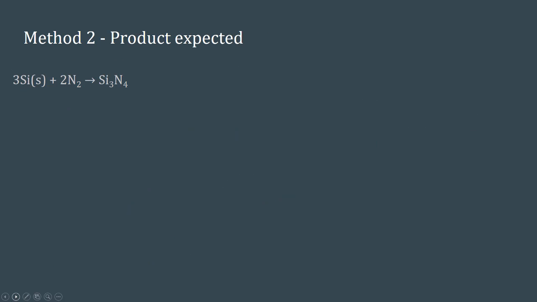Method 2, we're going to do this the other way. We're going to see, okay, well, how much product would each one produce? So again, we have 2 grams Si, and we have 1.5 grams N2. Remember, this was 0.0712 moles, and this was 0.0535 moles.